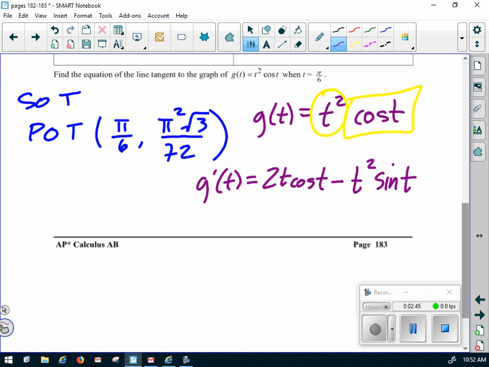What do we do now? Why do we plug in pi over 6 for t? What are we looking for? Slope. We're looking for the slope of the tangent line at that point. So g prime of pi over 6. 2 times pi over 6, what's that, pi over 3?